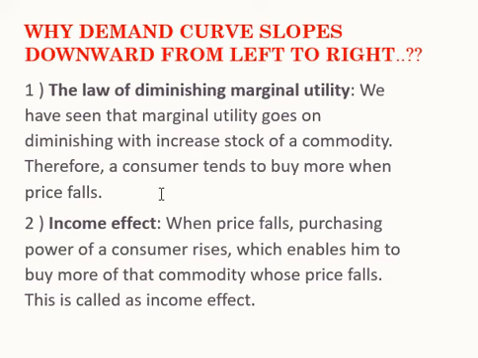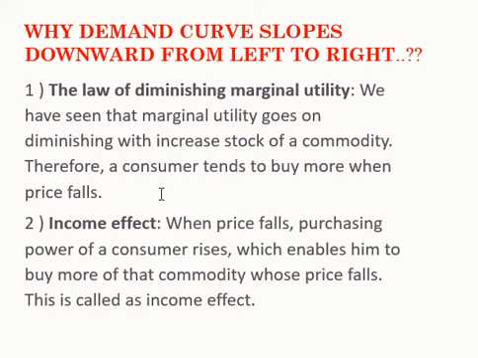Yes, students, you are correct, it is from chapter number 2, wherein we have understood that as a consumer increases his stock of a commodity, its utility goes on diminishing. Therefore, the consumer is going to buy more when the price falls.